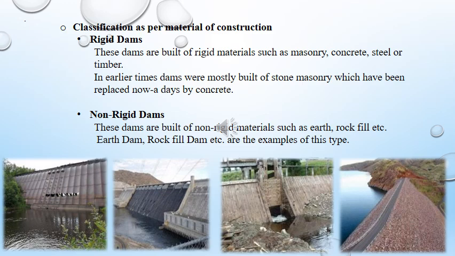Now, non-rigid dams are those which are constructed of material such as earth or rock fill without any cementing material and are called embankment dams, that is, earth dam or rock fill dam. The Tehri dam in Uttarakhand is an earth and rock fill dam.